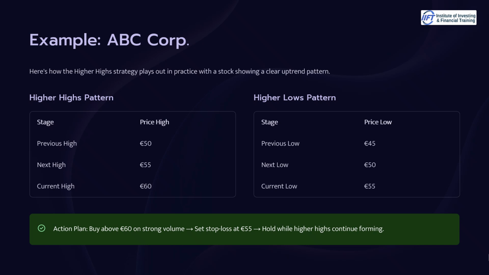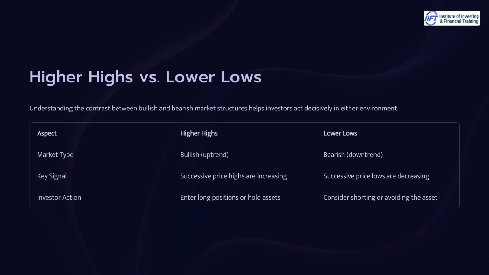So following our plan, we buy when it clears €60 and set our stop at 55 and simply hold as long as those keep climbing. So we can compare this to a lower low market, which is bearish, and in a downtrend you see successive price lows decreasing. And that's an environment for shorting or simply staying on the sidelines.